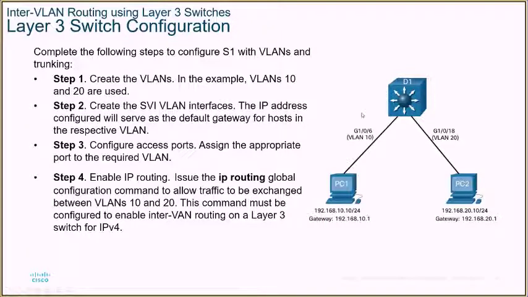The addressing scheme is set out there. Configure access ports, assign the appropriate port to the required VLAN, which is what it's telling us there. And then you need to do the ip routing command so that it will actually route the packets. Switches don't do layer 3 routing by default, so you need to turn it on.